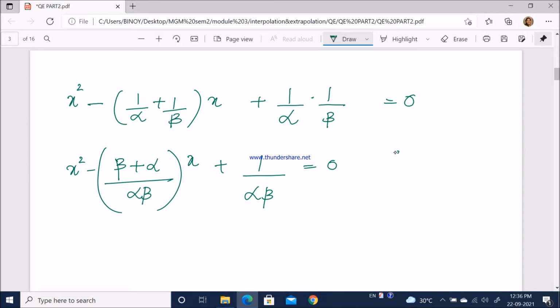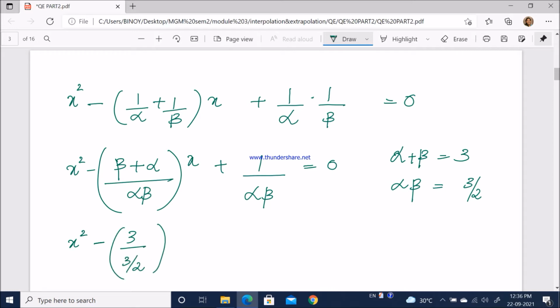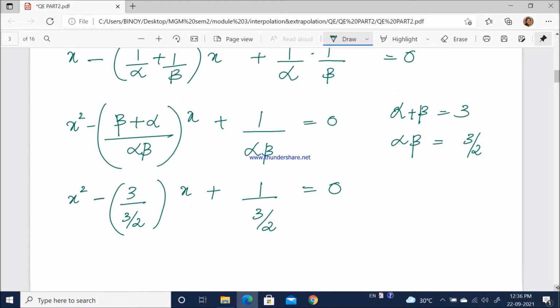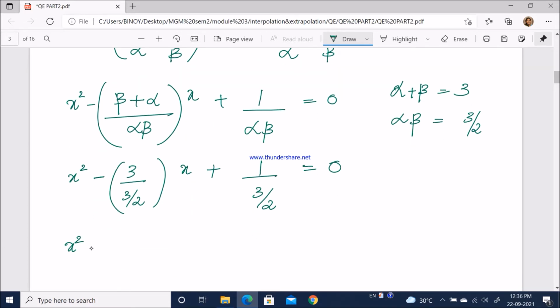So from the above equation we got alpha plus beta as 3 and alpha into beta as 3 by 2. So substituting these values over here, it is x square minus 3 by 3 by 2 into x plus 1 by 3 by 2 equals 0, which is nothing but x square minus 2x plus 2 by 3 equals 0.